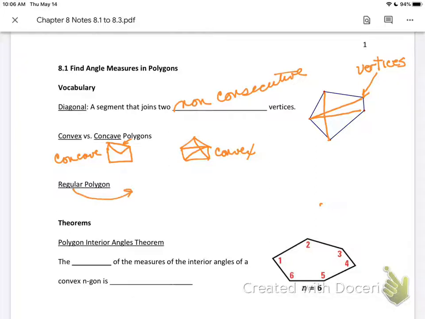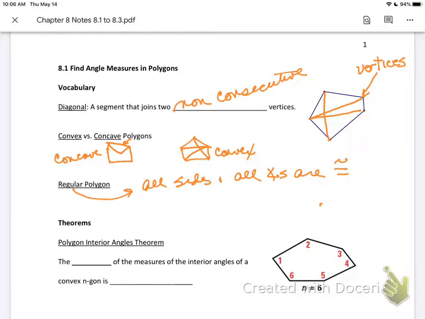Regular means that all sides and all angles are congruent or equal. Okay, so we're going to be dealing with mainly convex polygons, and we will sometimes deal with regular polygons and sometimes irregular polygons.